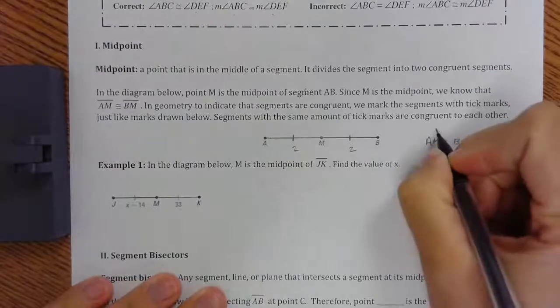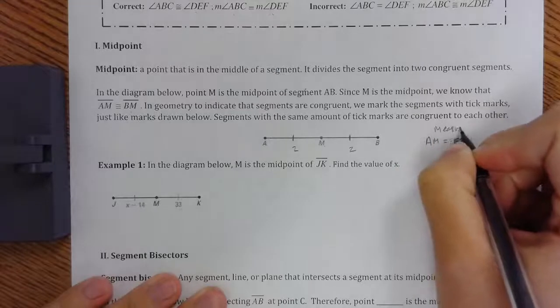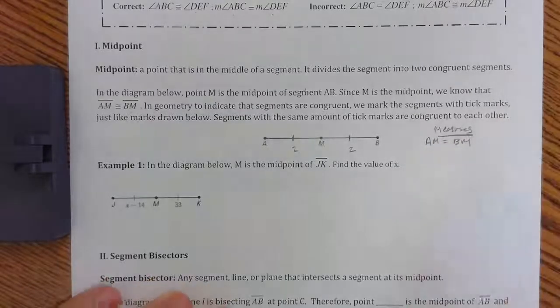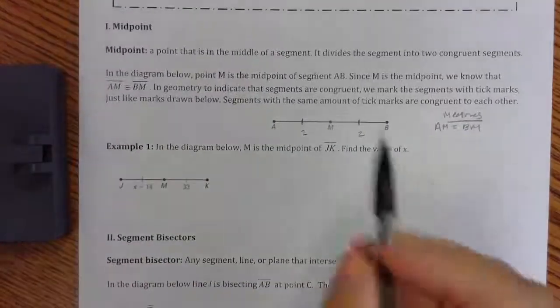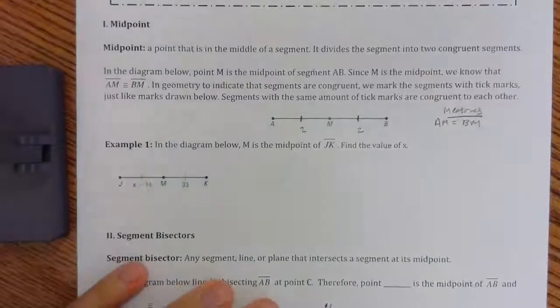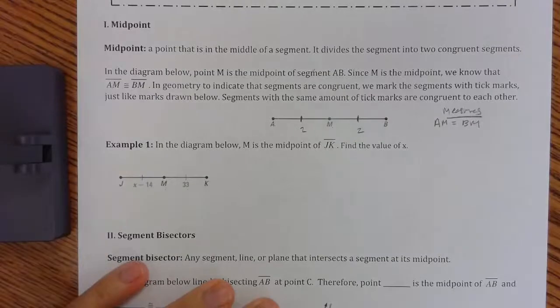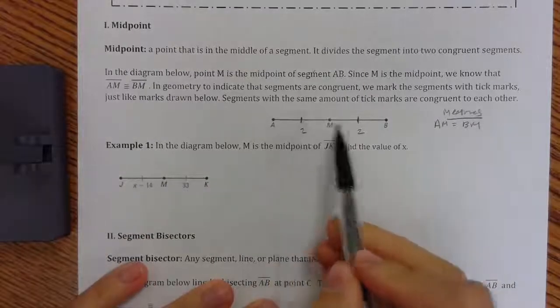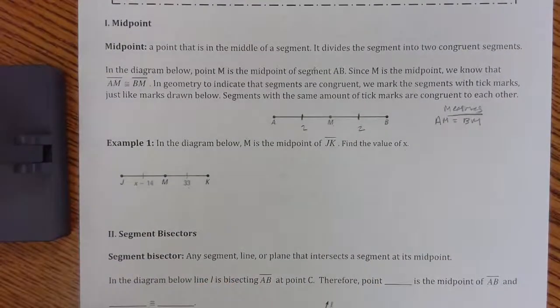This is if I'm talking about the measures of those. And also, these tick marks right here, those are used to show that something is congruent. So whenever you see that, it's saying that those two segments are congruent to each other.